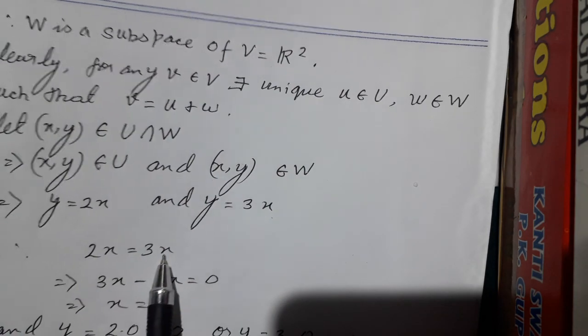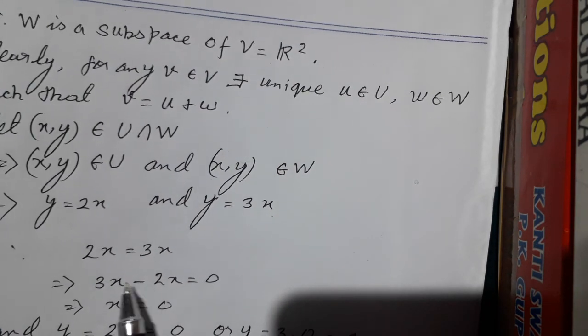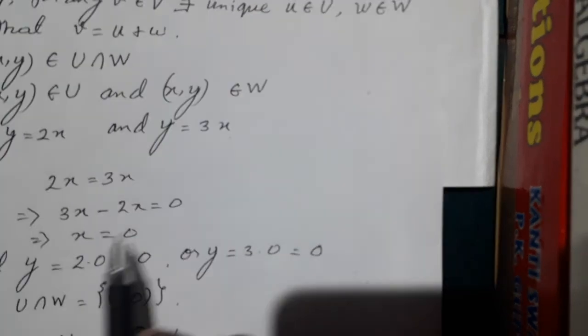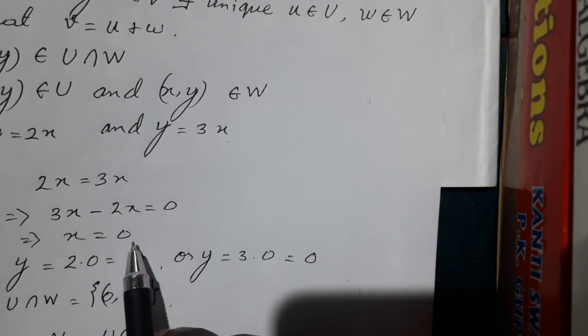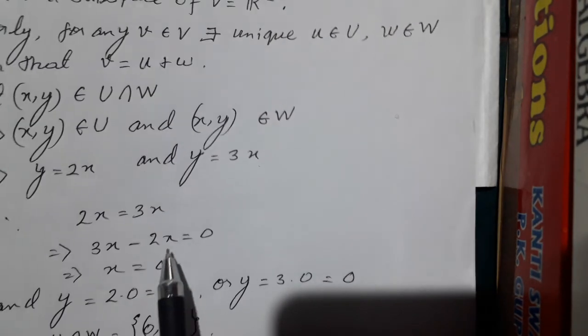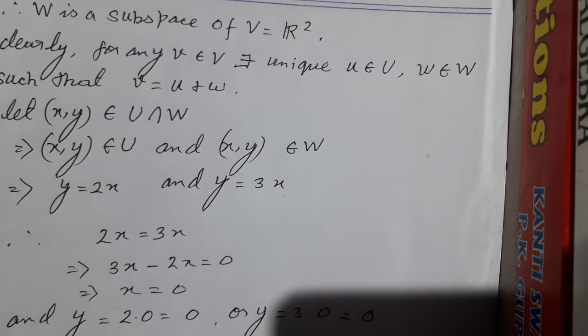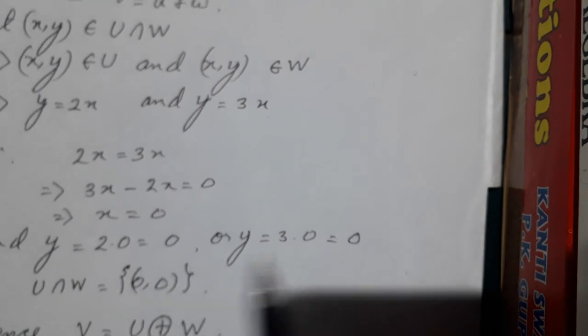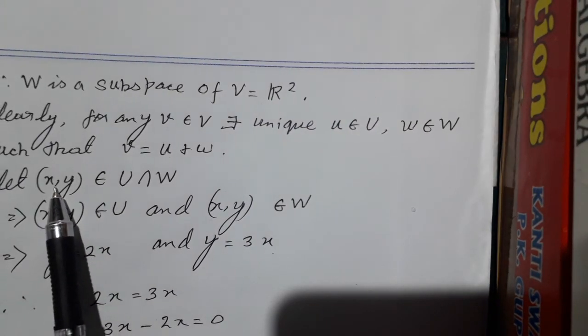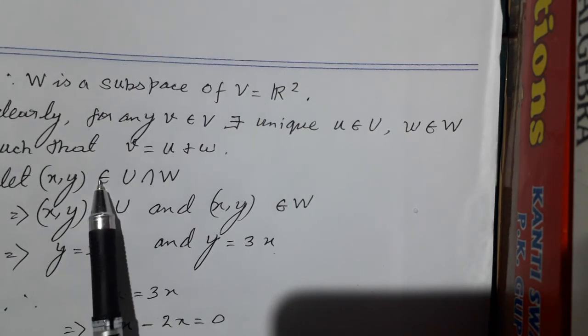So we get 2x equal to 3x, so 3x minus 2x is equal to 0. That shows that x is 0. Now you put this x in any of these, and we get y to be 0.